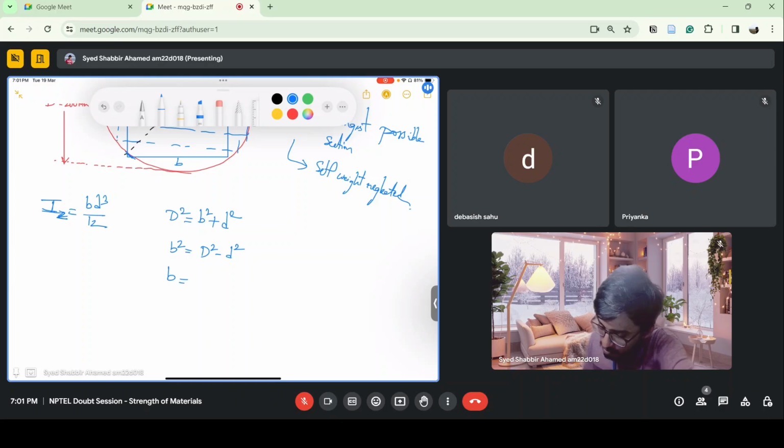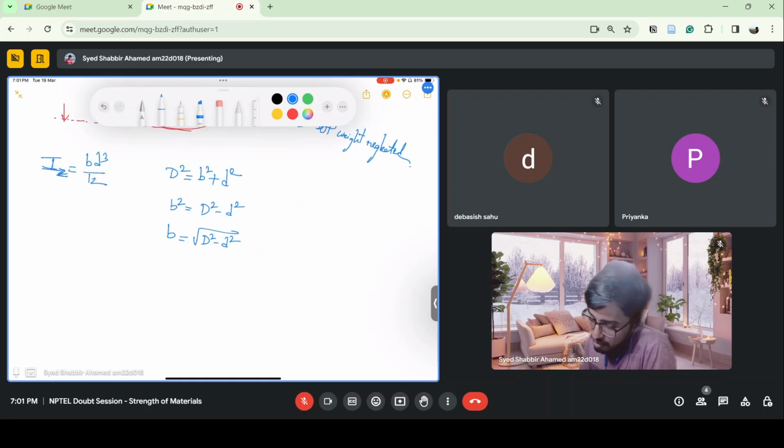Let's say d will be equal to root over capital D square minus small b square. So now I'll substitute this here, b d cube by 12.